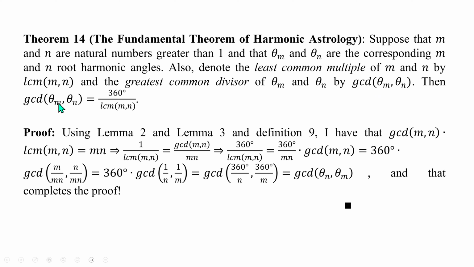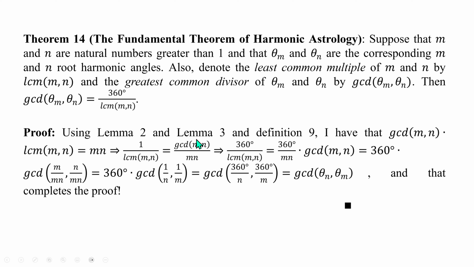Then the greatest common divisor of theta sub M, theta sub N will be equal to 360 degrees divided by the least common multiple of these two harmonics. This divided by this gives you the greatest common divisor of these two root harmonic angles.